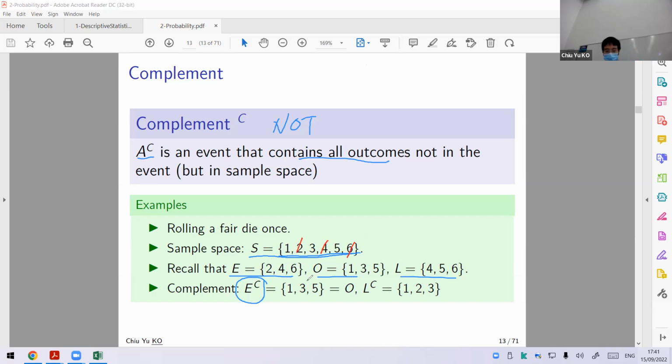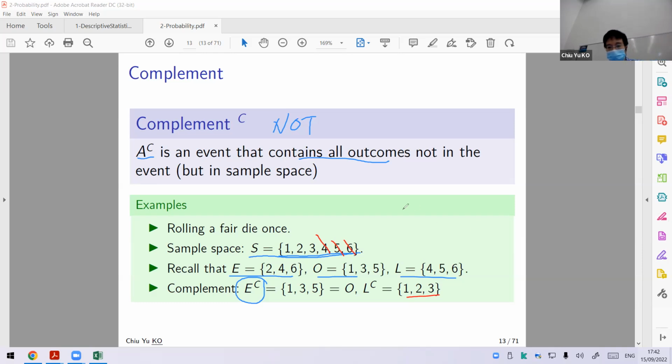Now the next operation. What is the complement of L? L has 4, 5, and 6. So you go to the sample space and kick out 4, 5, and 6, leaving 1, 2, 3. Now to test yourself, ask yourself, what is the complement of O?